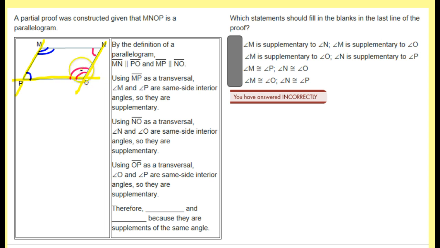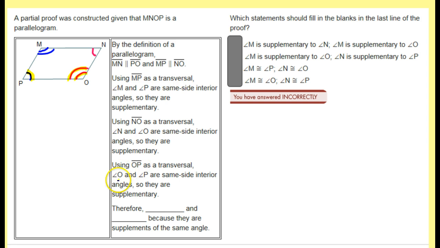So they should be supplementary to each other. Okay, so these should be supplementary to each other. So if the blue ones should be supplementary to each other, the pink ones should be supplementary to each other, and now these yellow ones should also be supplementary to each other.